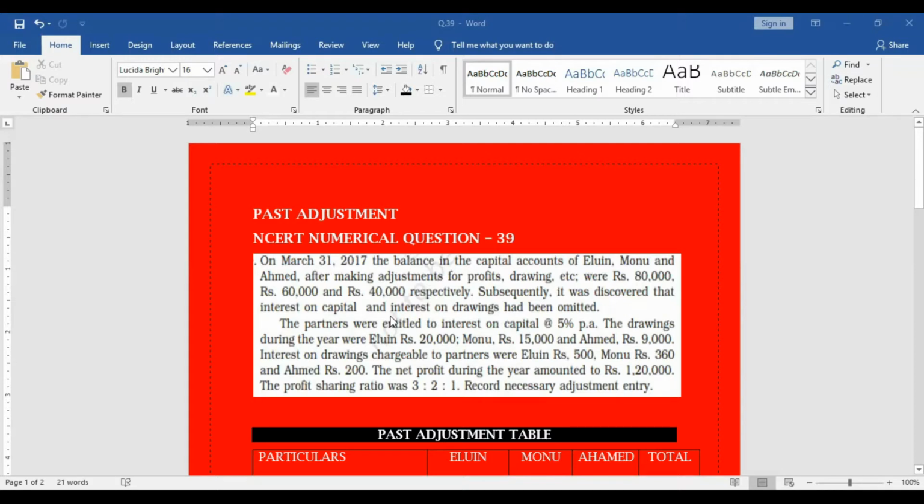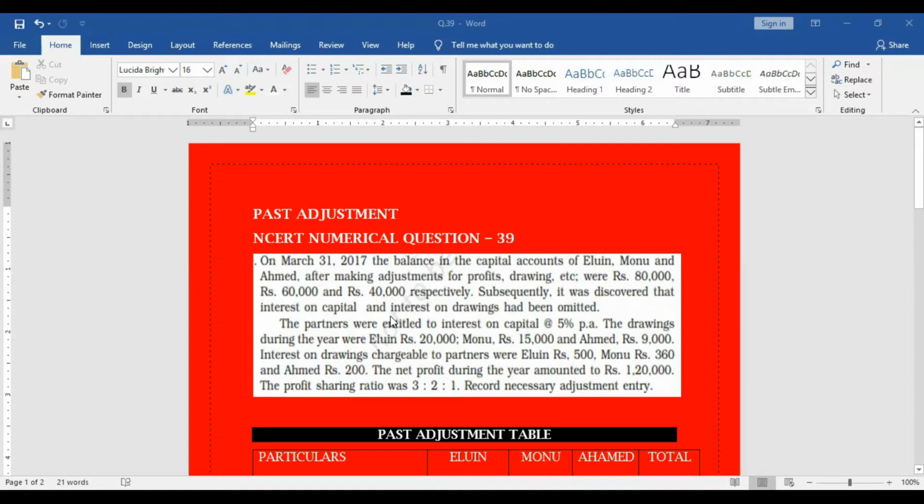The partners are entitled to interest on capital at 5% per annum. The drawings during the year were Yelun rupees 20,000, Monu rupees 15,000, and Ahmad rupees 9,000. Interest on drawings chargeable to partners were Yelun rupees 500, Monu rupees 360, and Ahmad rupees 200.